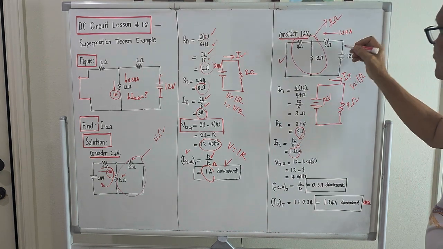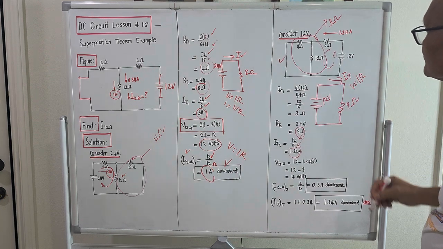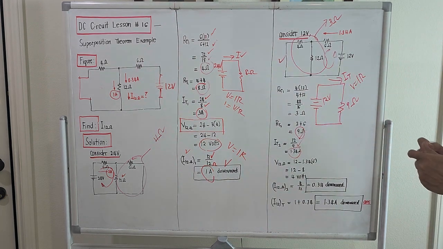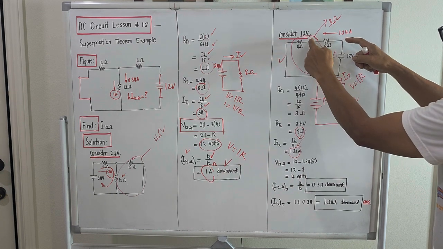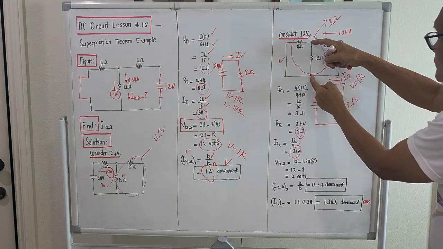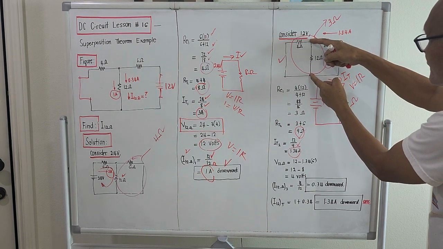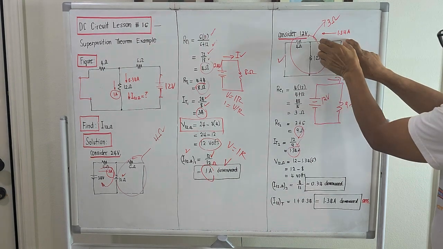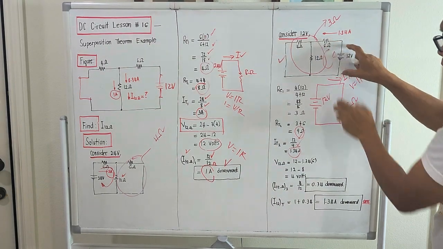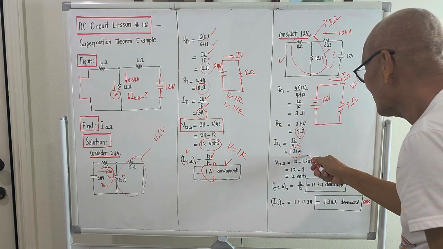Right? And if we try to take the summation of the voltages across the right loop, the 12 volt source minus the voltage drop here minus the voltage drop here should be equal to 0. So if we try to compute for the voltage drop here, it should be the applied voltage minus the voltage drop on the 6 ohm load. Right? So it's the same as the first one.